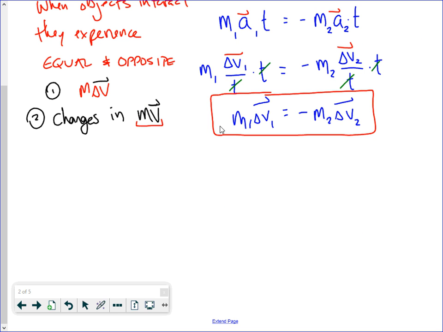Well, and so this is therefore defined. If this is something of interest in a very common situation like two objects interacting, if this is something that we see shows up, then we'll name it. And that is called momentum.